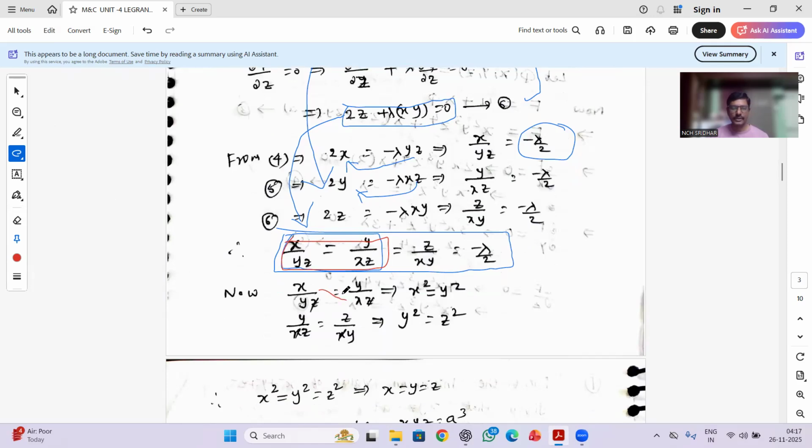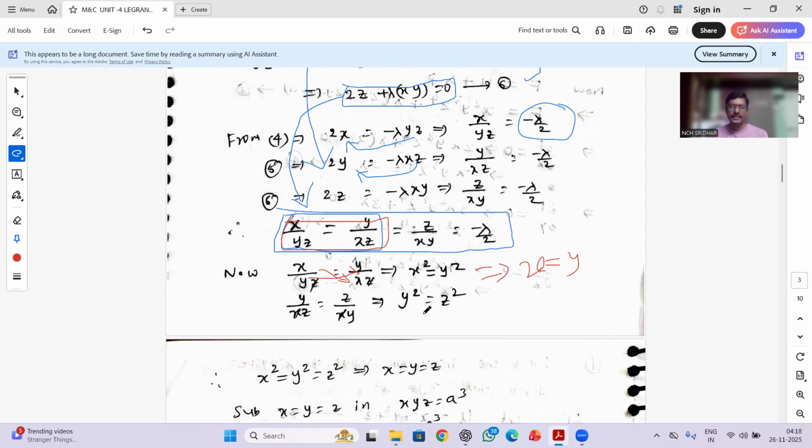Doing the cross multiplication, x into x is x square, and y into y is y square. We can also write it as x is equal to y. Clear? x is equal to y.